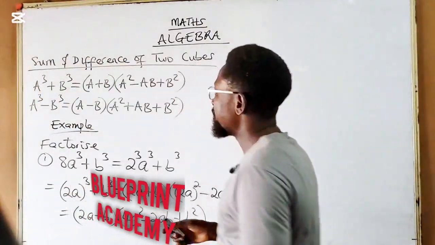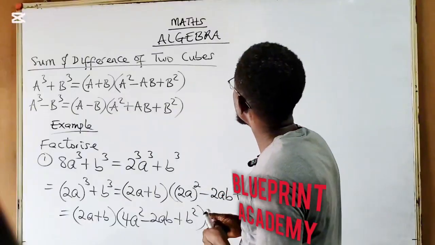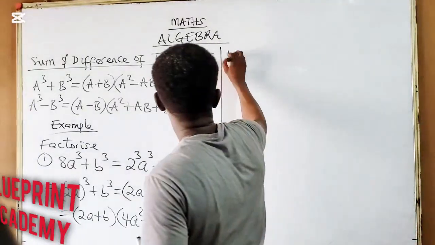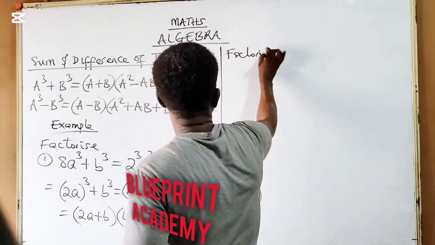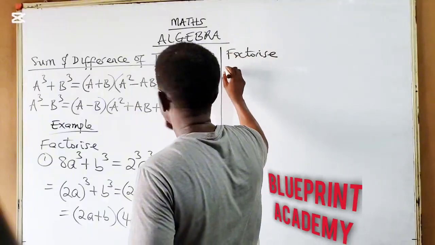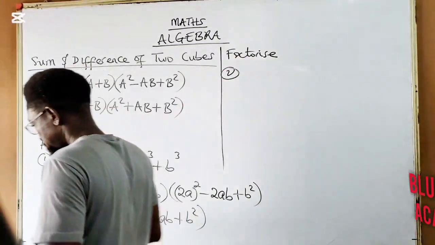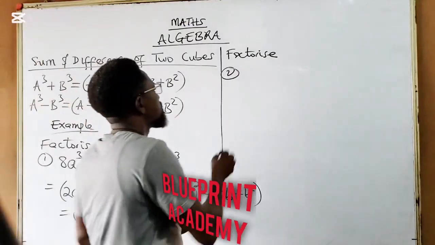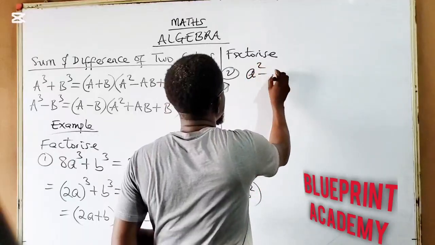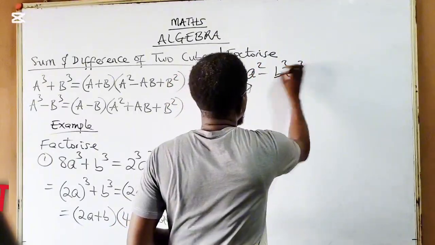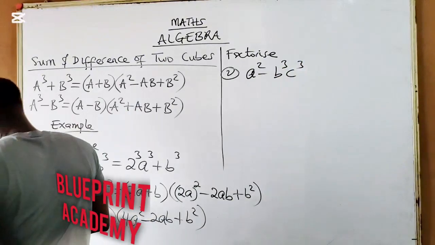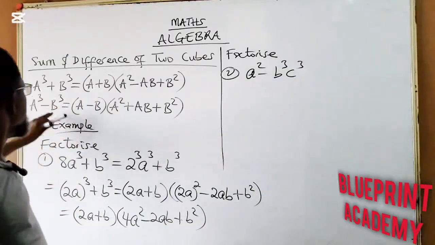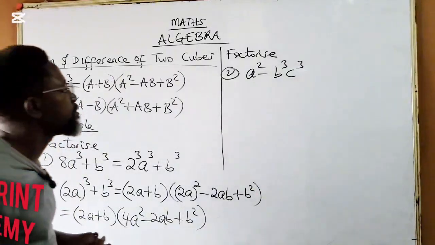So let's do one for the subtraction. Say factorize a cube minus b cube c cube. That's the difference of two cubes.